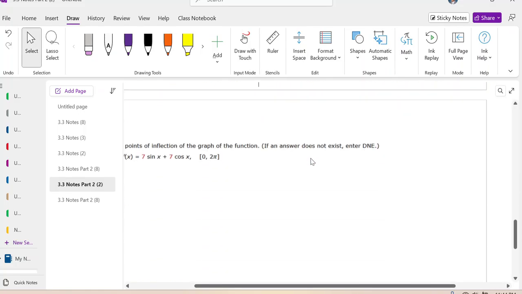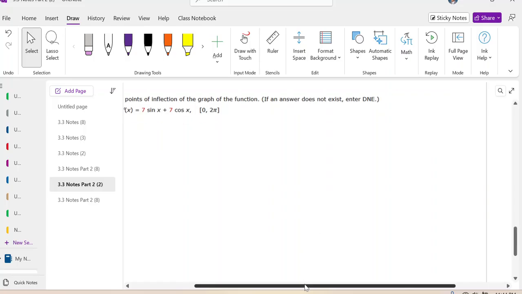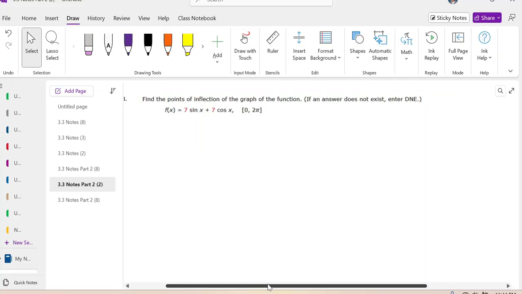All right, last one. It says find the points of inflection for 7 sine x plus 7 cosine x. So let's take the derivative here. Now notice here 0 and 2 pi both exist in the interval, whereas the previous one it did not. So this would be 7 cosine x minus 7 sine x, because the derivative of cosine is negative sine.